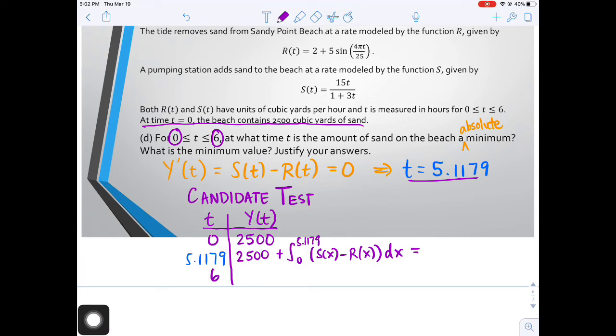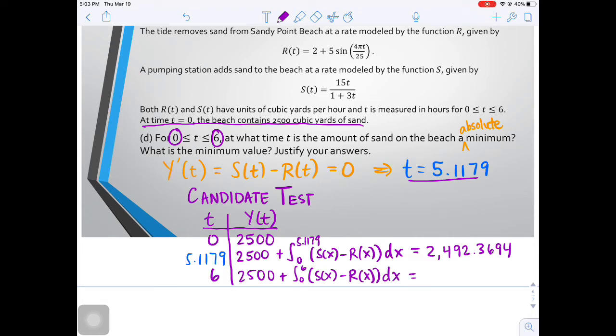Of course, you'll need to plug all this in your graphing calculator, and you should get approximately 2,492.3694. That's how many cubic yards of sand there are at that time. To find the amount of sand at t equals 6 hours, do the same thing. 2,500 plus the integral from 0 to 6 of s of x minus r of x dx.